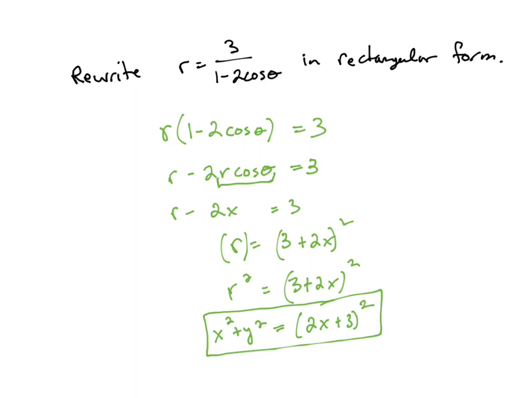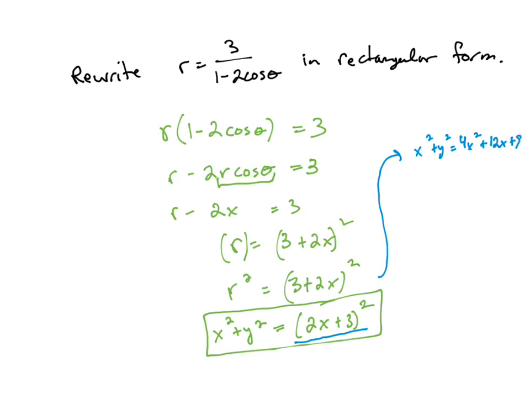At this point, it's not really in a standard form of any type of equation. We could go a little bit farther, though. If I expand this out, I get x squared plus y squared equals 4x squared plus 12x plus 9.